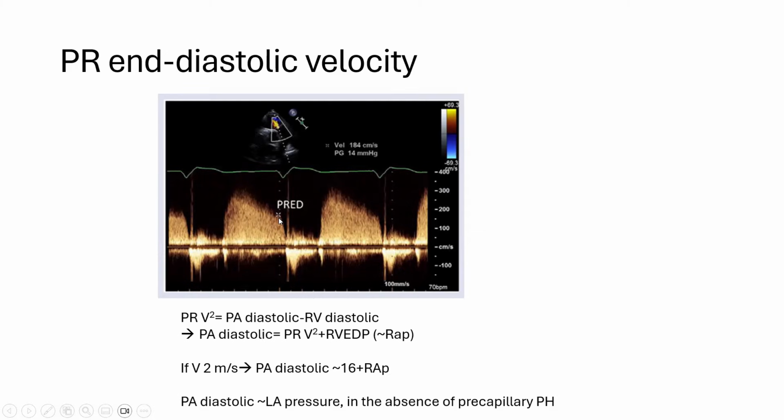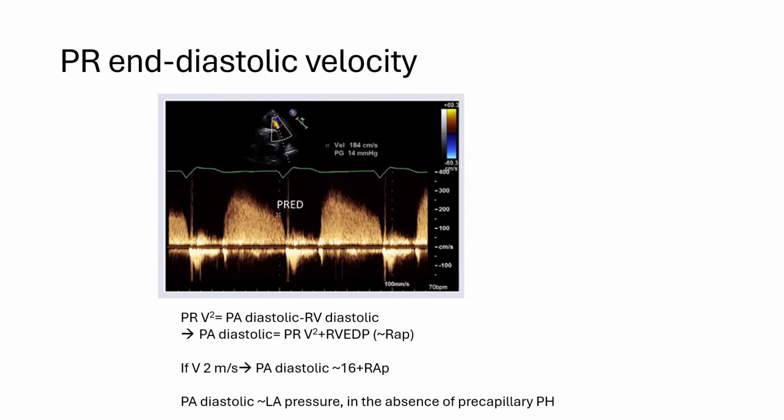So if that velocity in end diastole here is 2 meters per second, that means the PA diastolic pressure is 16 millimeters of mercury plus RA pressure, meaning it's at least 16 millimeters of mercury. And keep in mind that PA diastolic pressure is approximately equal to LA pressure and up to 5 millimeters higher than LA pressure unless there is precapillary PH.